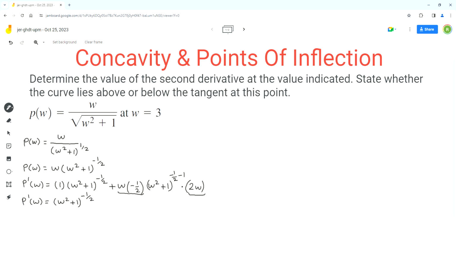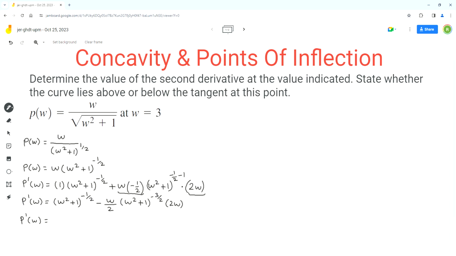So I can show you the steps here. First we'll just multiply w by negative half. So we get negative w over 2. So in the exponent, negative half minus 1 is equal to negative 3 over 2. And then times 2w. Now in this step, we can combine negative w over 2 with 2w.